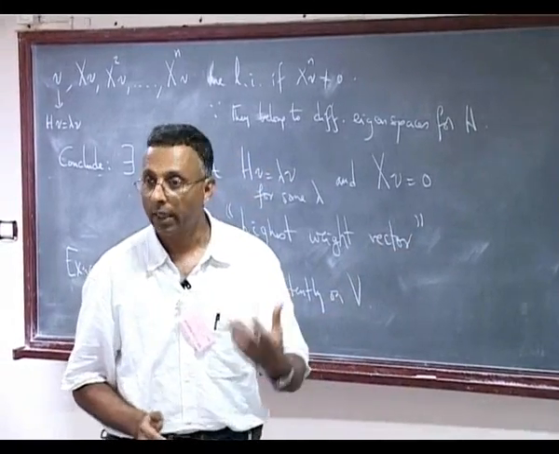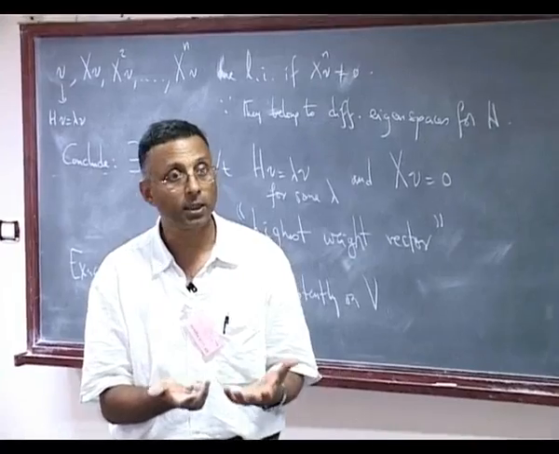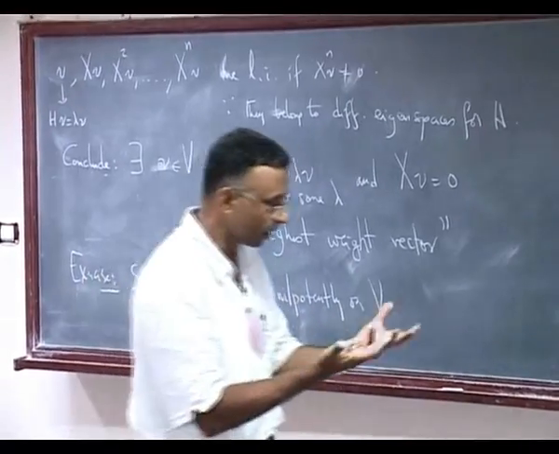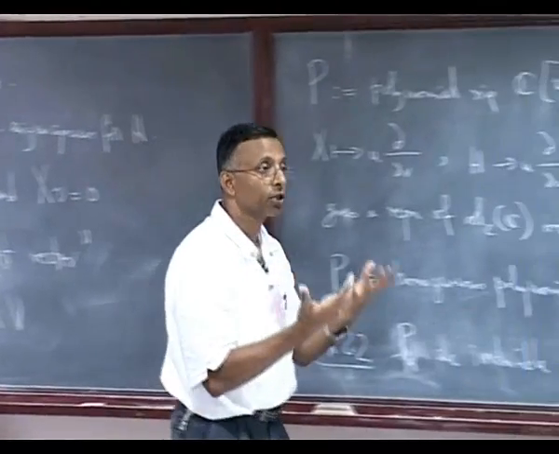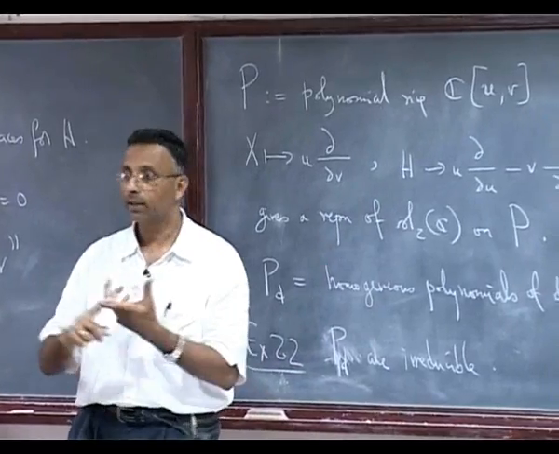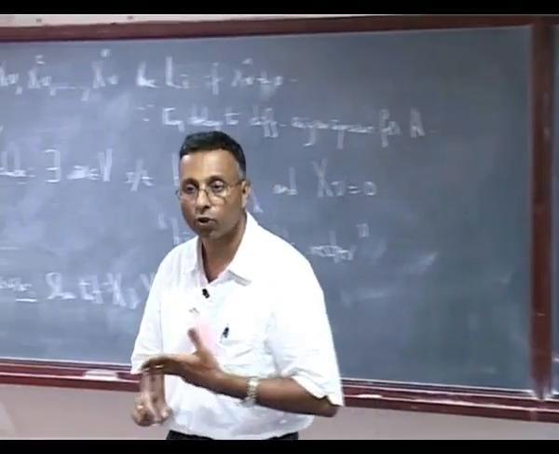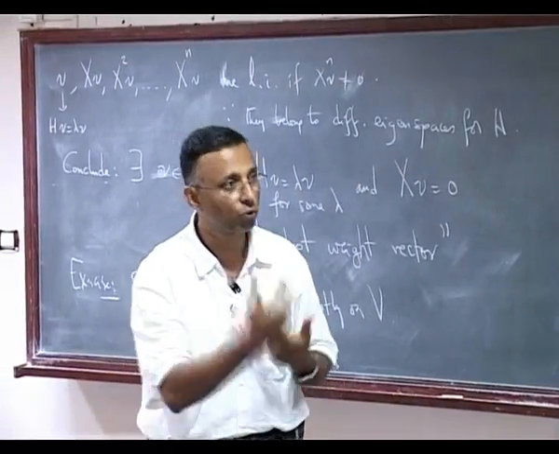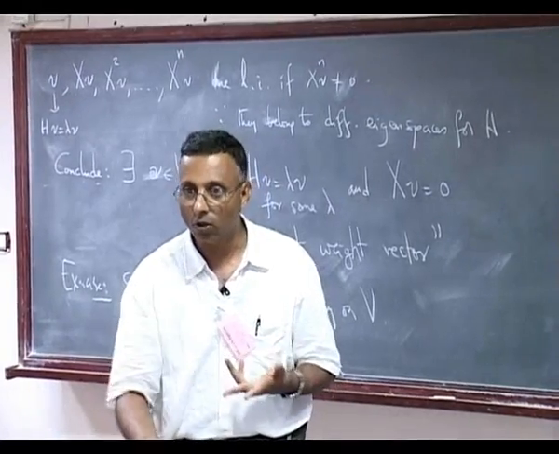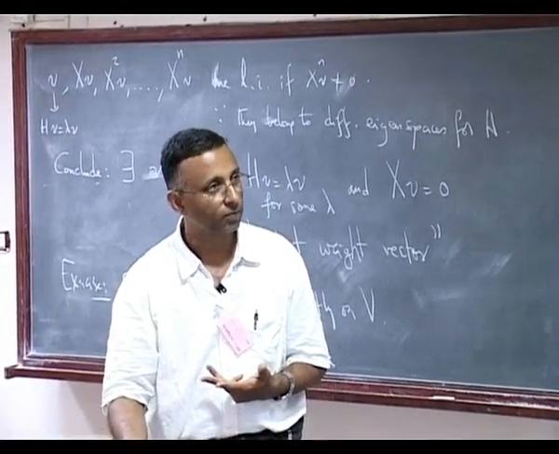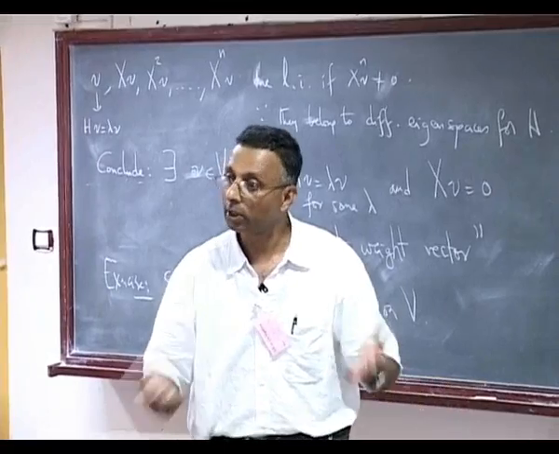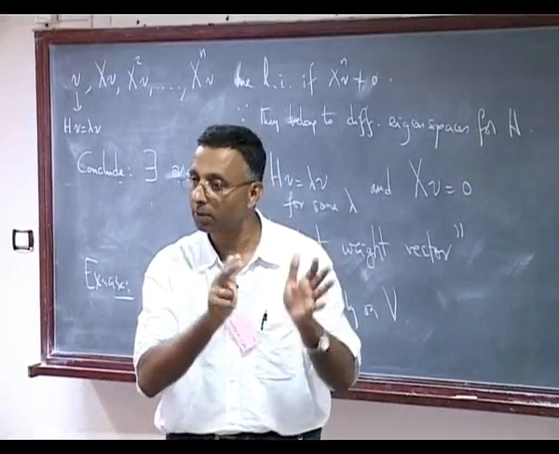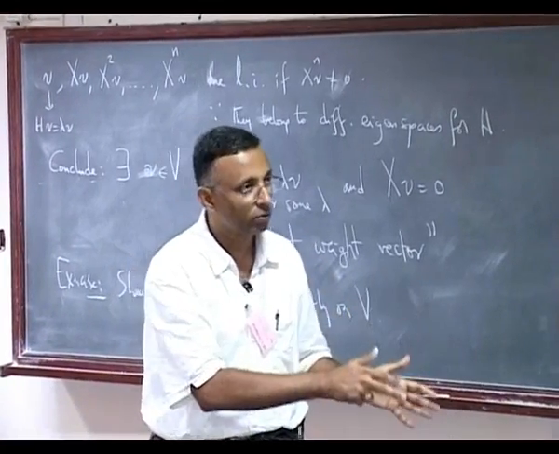How does the adjoint action of H look? H, x and y are eigenvectors for the adjoint action, because Hx is 2x, Hh is 0, Hy is minus 2y. So it's diagonalizable. So ad H is a semi-simple operator on SL2.